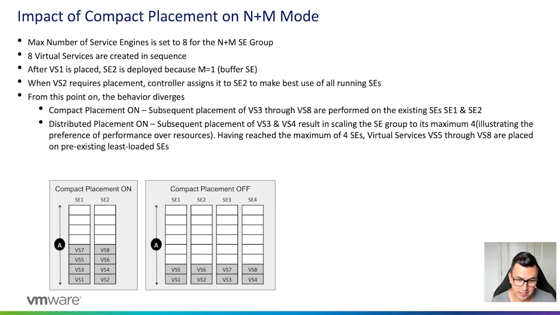In the picture at the bottom right, you can see we create VS1, so there's one service engine created, VS2 on a different service engine, VS3 on a third, and VS4 on a fourth service engine. Because we have a limit in this case, we stop creating service engines, and VS5, 6, 7, and 8 go into the existing ones. So we never go beyond the limit that we have configured, but we try to use as many service engines as possible.